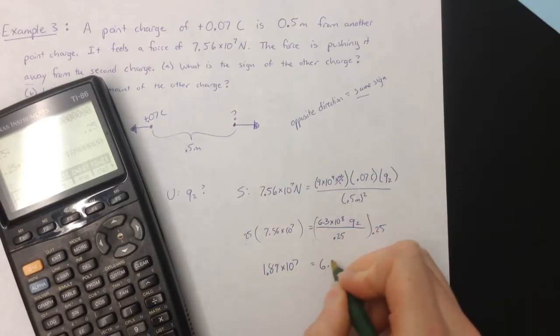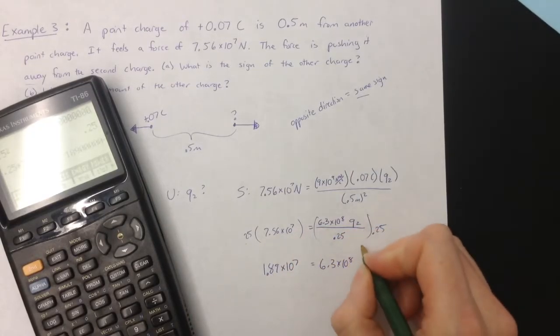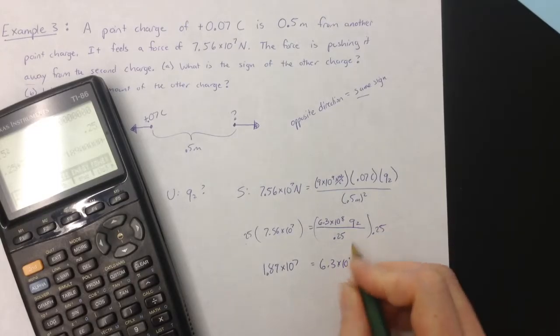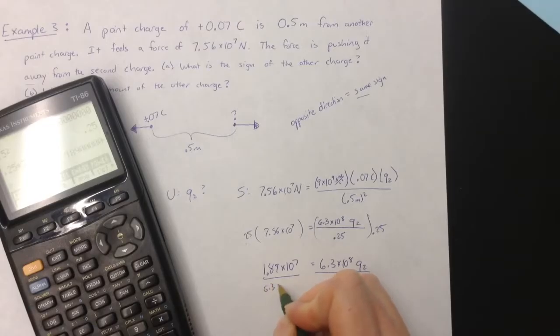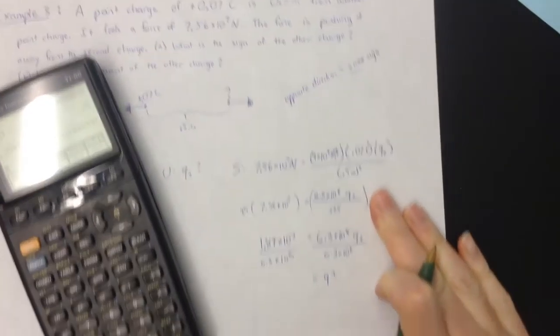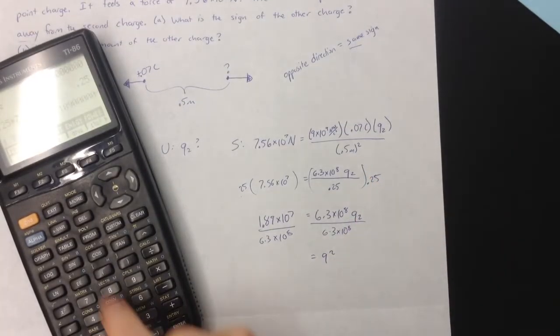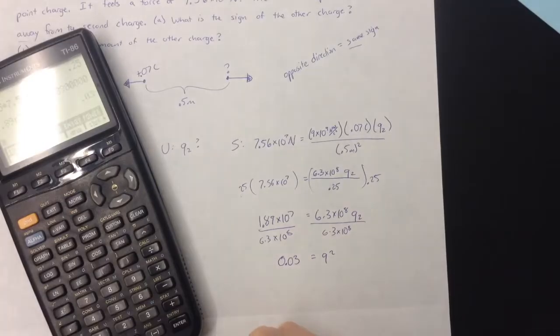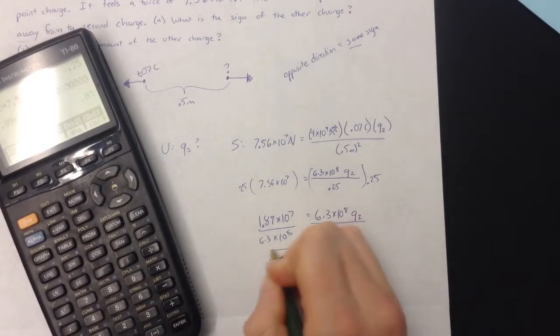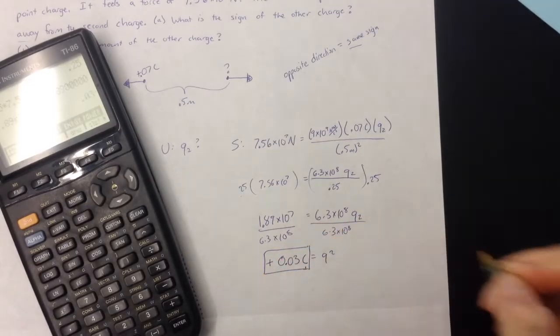And so then I still have my 6.3 times 10 to the 8th times Q2, so I've got to divide by 6.3 times 10 to the 8th. That's going to go away, so I'm going to have Q2 here. So 1.89 times 10 to the 7th divided by 6.3 times 10 to the 8th, and I end up with 0.03. Now remember, it's also positive, so I'm going to put positive on there, and it's coulombs for the unit, so there is my value.